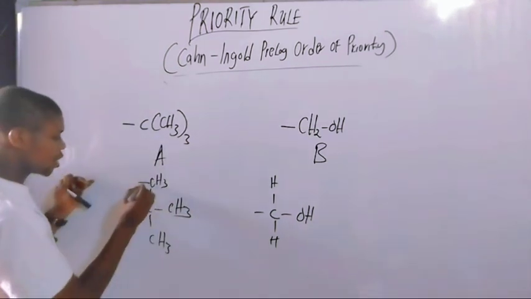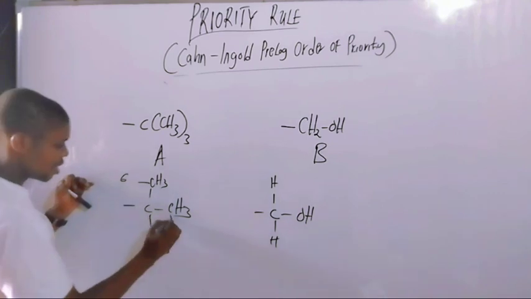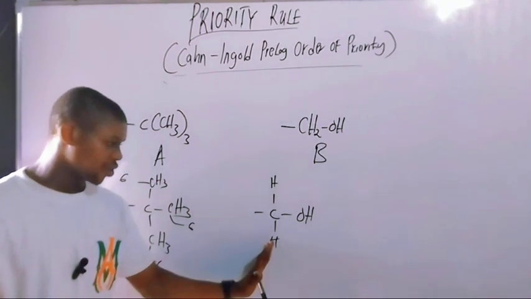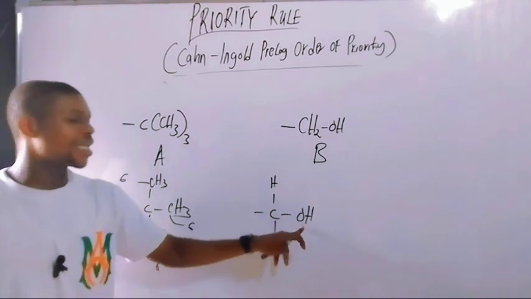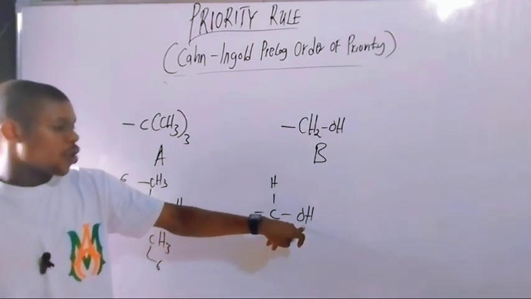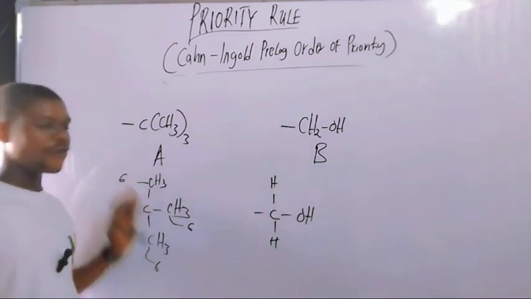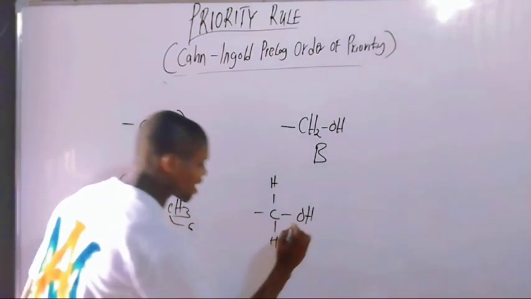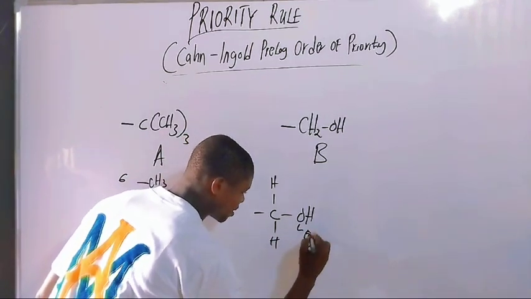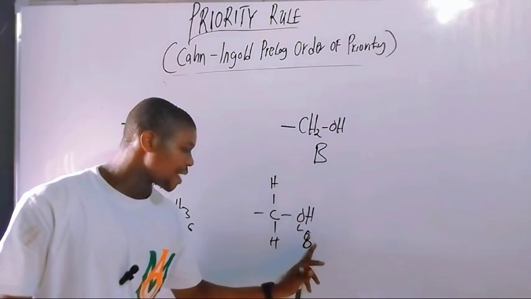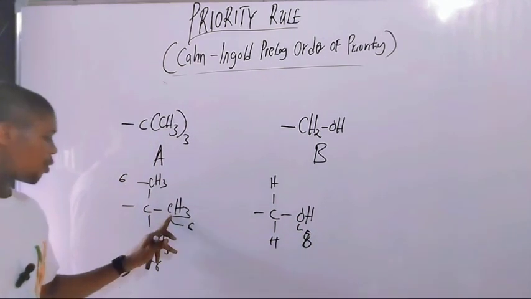Now, this carbon is having carbon, which is six, carbon six, and carbon six, right? Now here we have hydrogen and hydrogen. But this carbon is also attached to an atom that has a higher atomic number than any of these ones here. So this guy is eight. Oxygen has a higher atomic number than this carbon and this carbon.